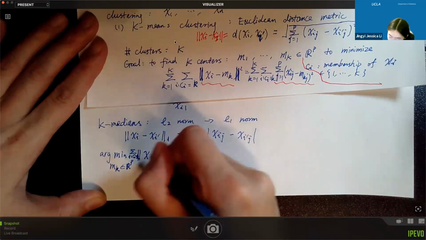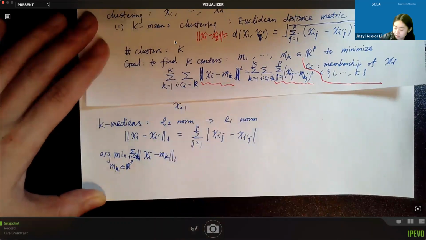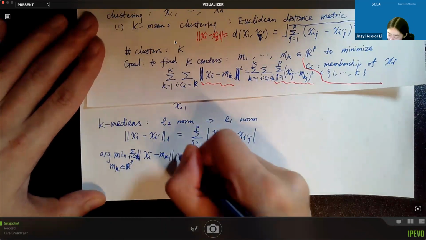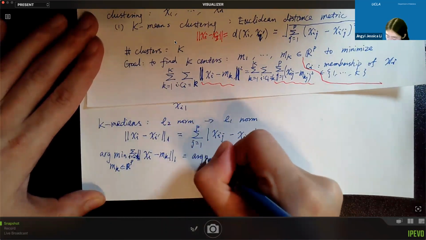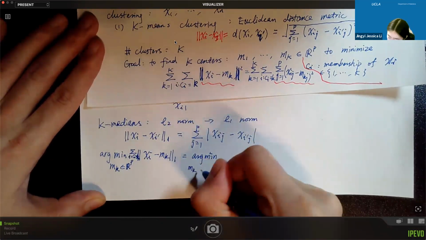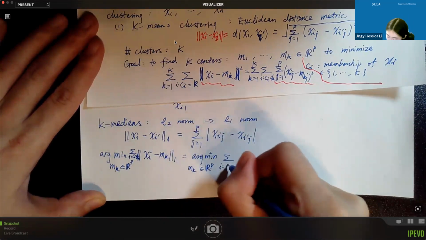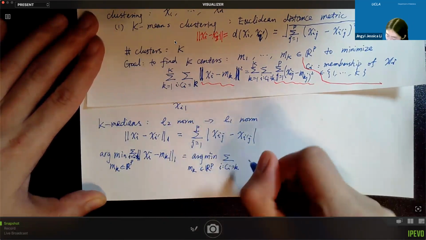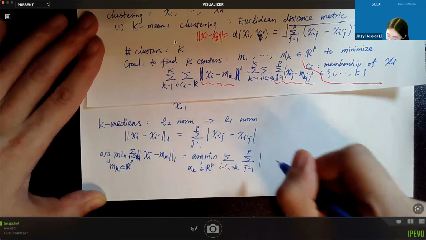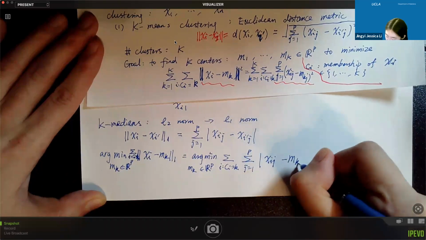Okay, I still need to keep that xi minus mk L1 norm and summation across the points xi. And if I expand it, it's based on the definition here. And ci equals k, okay? And I need j from 1 to p.